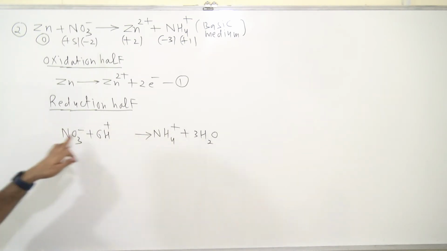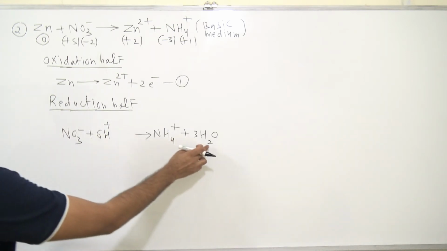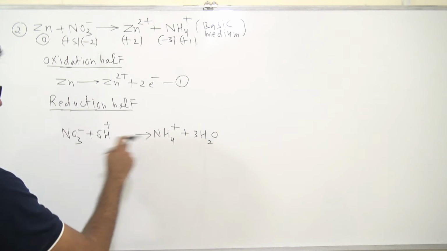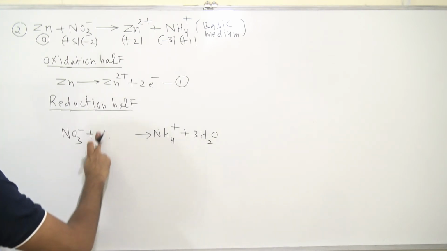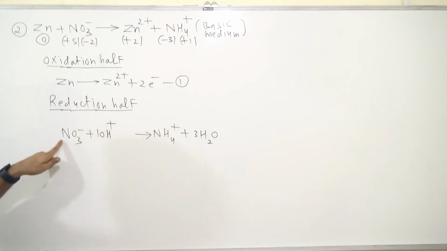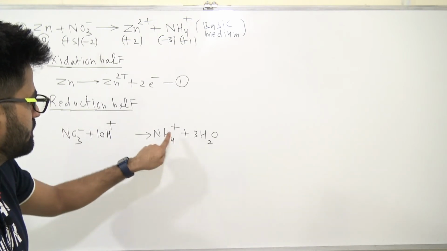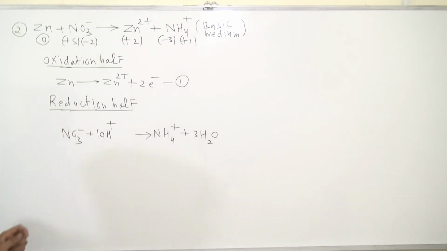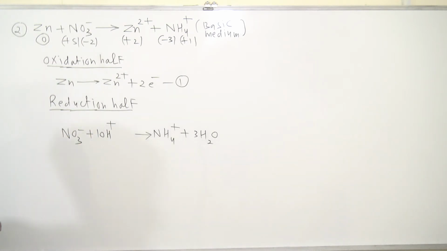Everything is balanced. Nitrogen is balanced. There are 10 hydrogens, right? Because see, oxygen 3 into 2 is 6, 6 plus 4 is 10. So I need to add 10H plus here. Okay guys, check: nitrogen balanced. There are 3 oxygen, 3 into 2, 6 plus 4, 10 hydrogen. Yes, it is balanced. Now balance charge. Since it is reduction, add electrons on the reactant side.